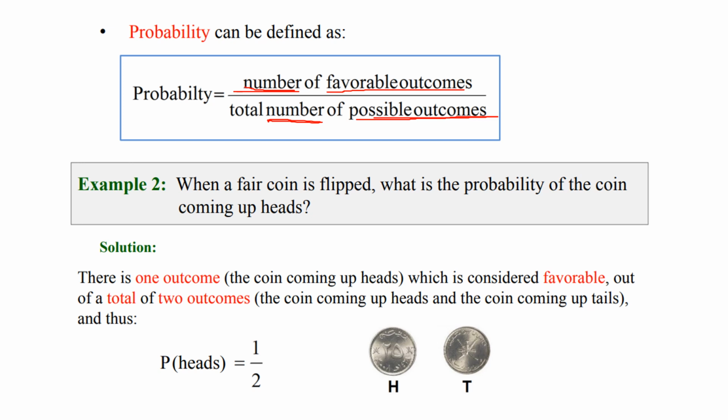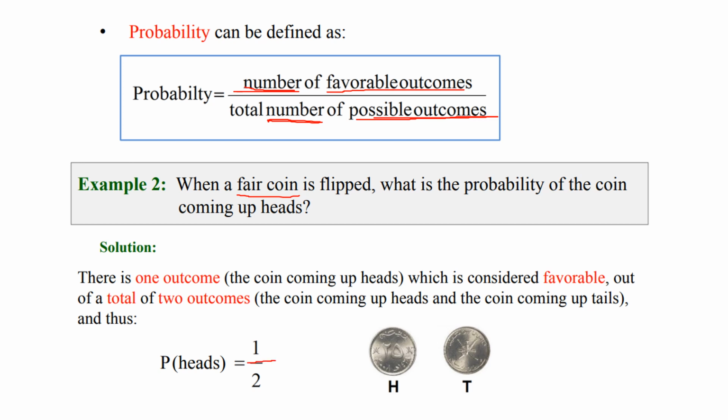Okay, question number 2: when a fair coin is flipped, what is the probability of the coin coming up heads? We have a sample space for tossing a coin, head and tail. So what is the total number of outcomes?